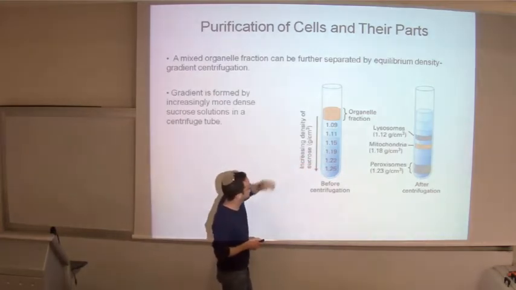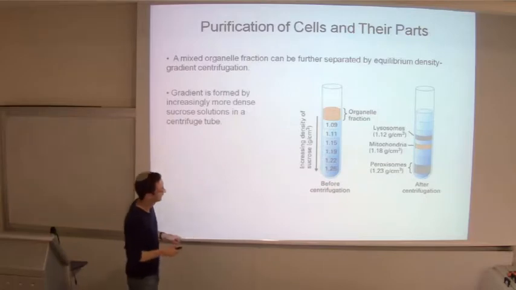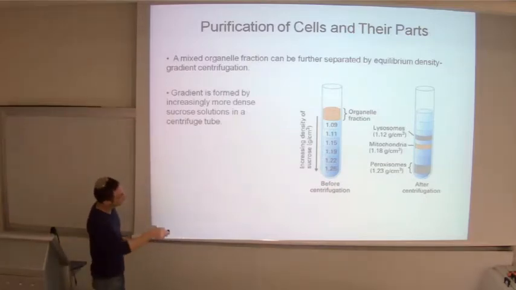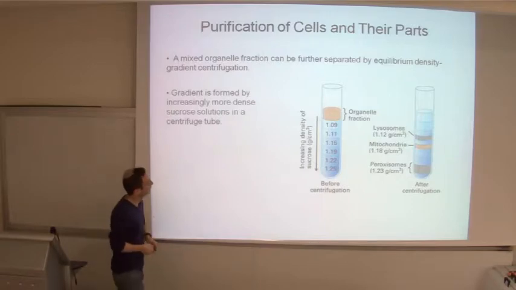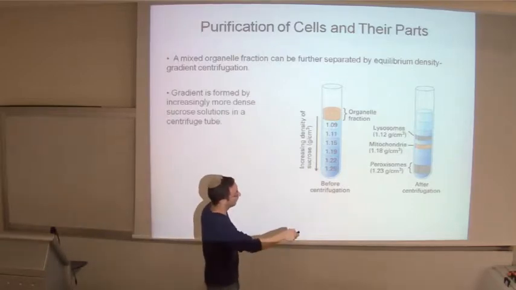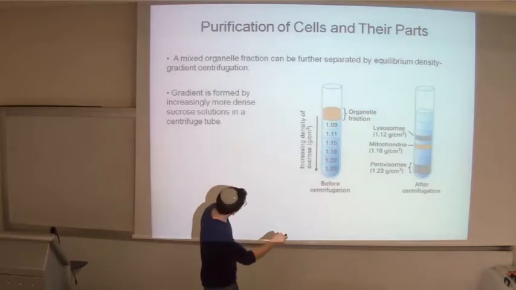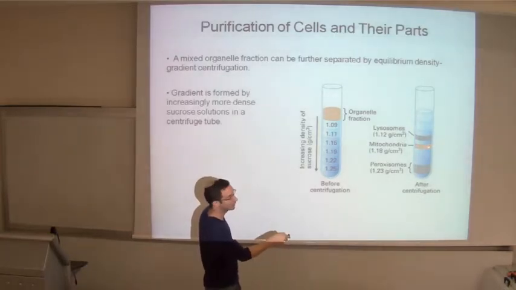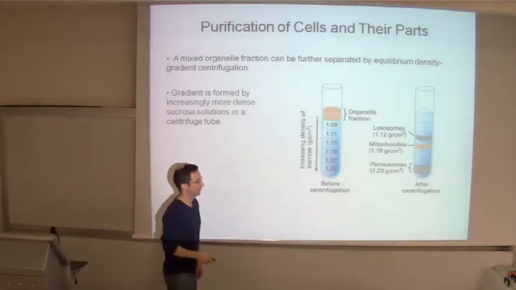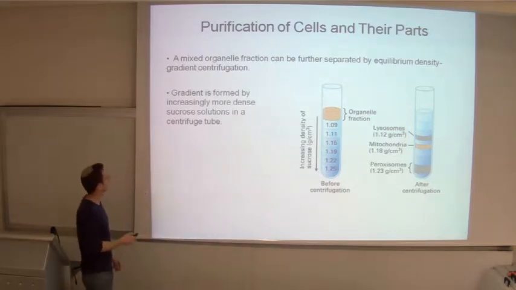Each band, each layer, has increasingly dense sucrose. You load your organelle fraction right here, and you centrifuge it for this and that time. Then each organelle, based on its size and shape, would be found in different layers. So mitochondria will be right here, and you can collect only this band very easily after centrifugation.